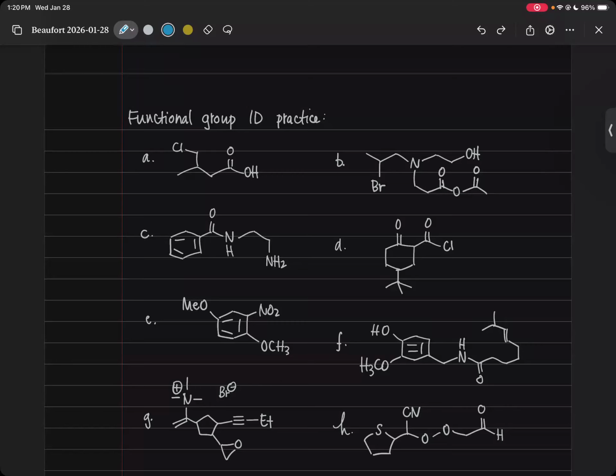Okay, then we've got these three, which are actually all the same. And these are written differently than what it looks like on your chart. So one way we can make it look more like your chart is to replace, well, first I'm going to replace the Me with H3C.